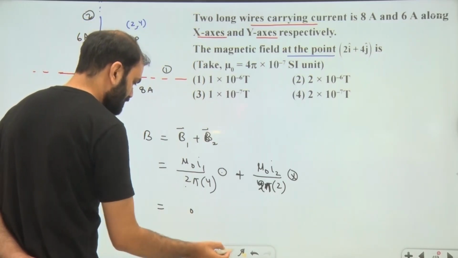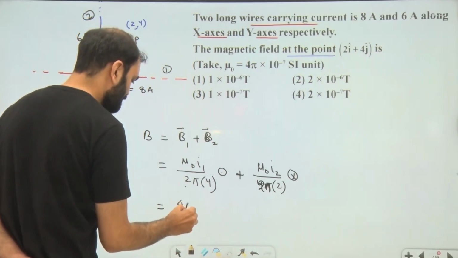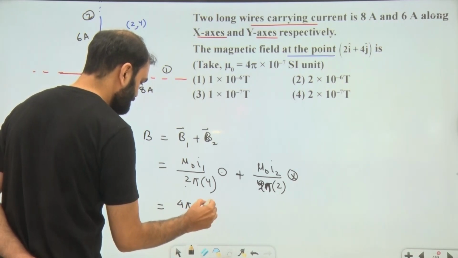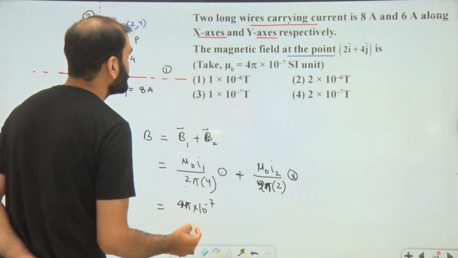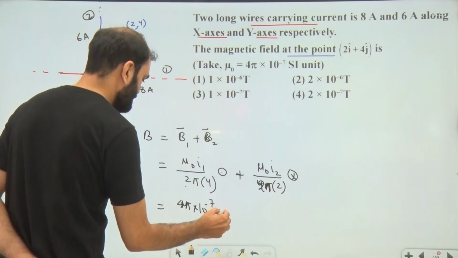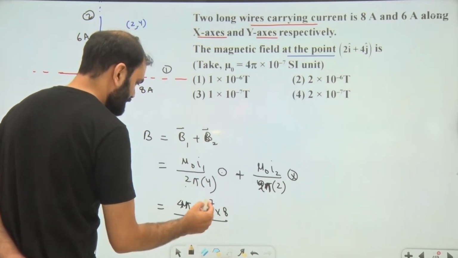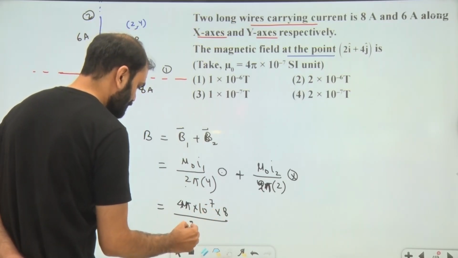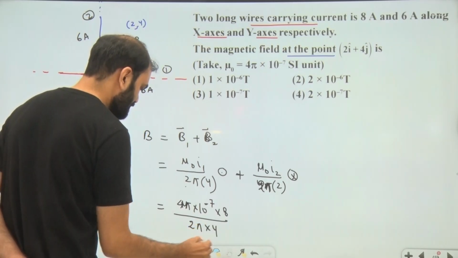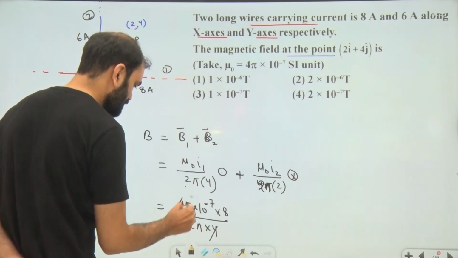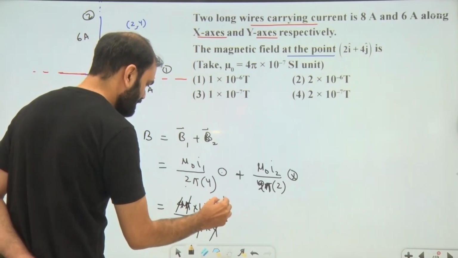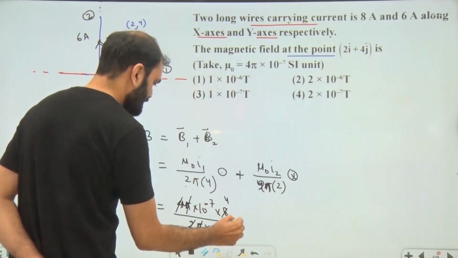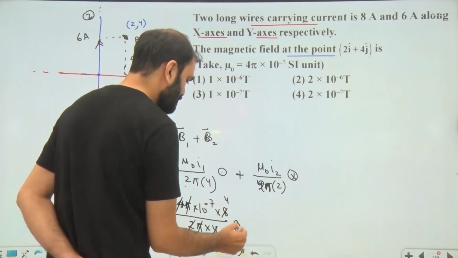Now just put the values. Mu naught is 4 pi into 10 raised to power minus 7, the current I1 is 8, upon 2 pi into 4. Cancel out 4 and 4, pi and pi, and you will get 4, out of the plane.